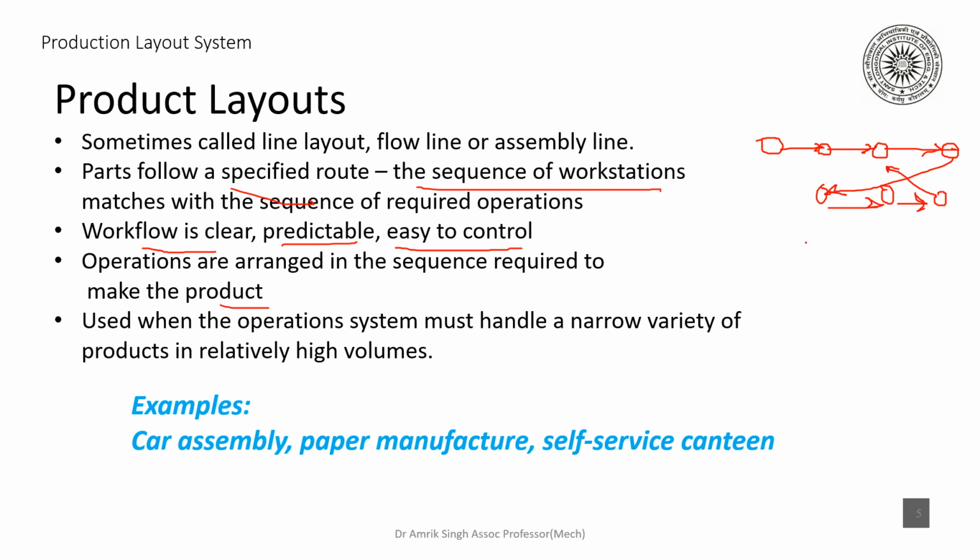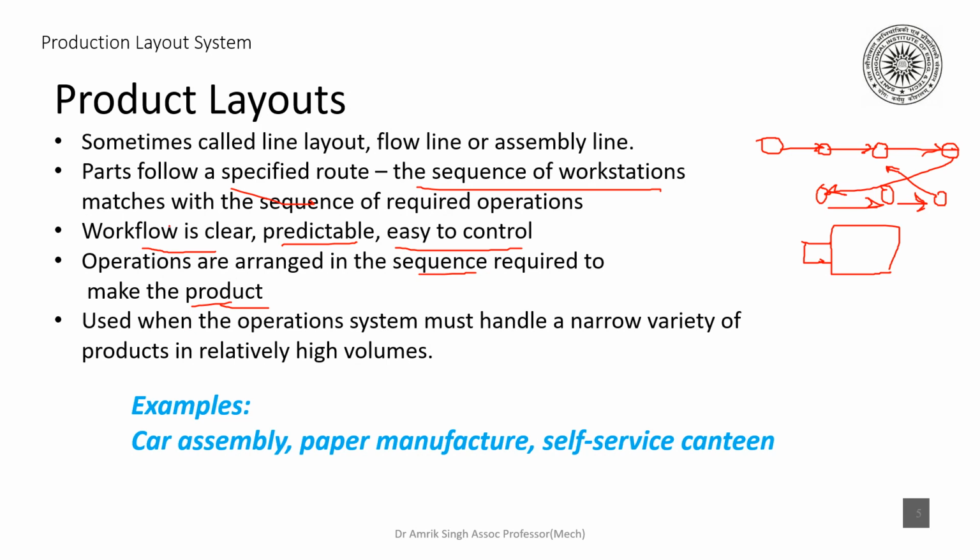Like if you want to make a shaft, so say this is a shaft you are making. Naturally, from the raw material, first we will take the first turning, and then the second turning, and then maybe some other operations. So operations are arranged in the sequence required to make the product.